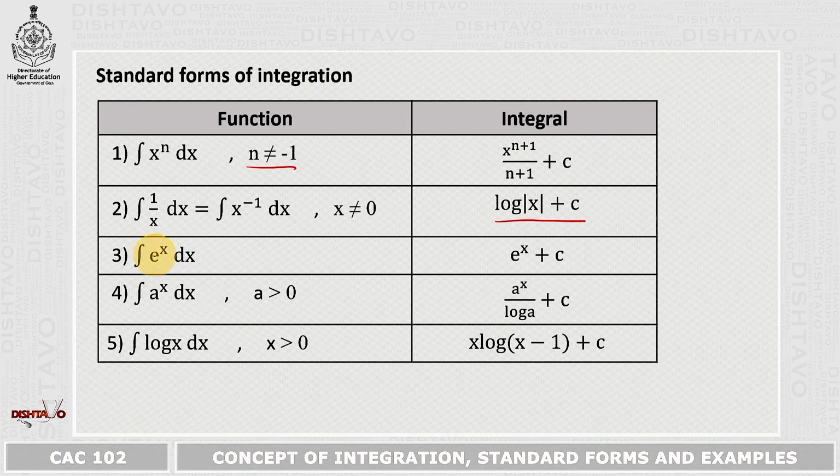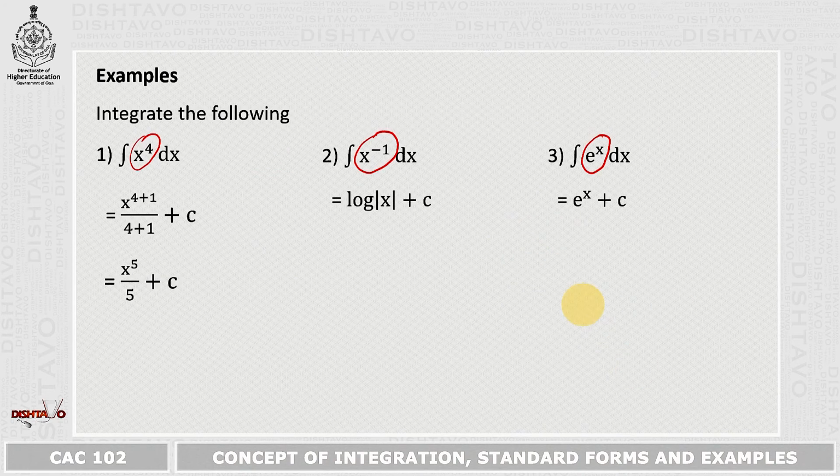And the integral of e raised to x is e raised to x. Now this is a special function because the integral of e raised to x is the same, e raised to x only. So here also we have e raised to x plus c.